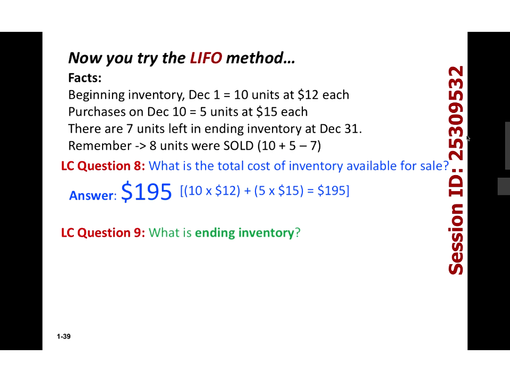Okay, so the question should be out there for you. Went from 0 to 101 answers. Okay, so that's that $12 beginning inventory cost each times the 7 units left in ending inventory.